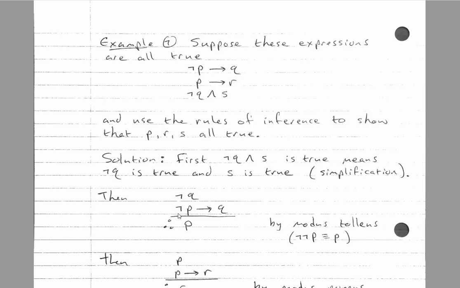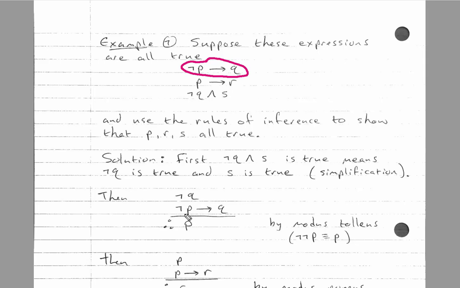So we've used our logic, and we worked out that not Q is true. Now we're going to combine that not Q being true with the first implication.